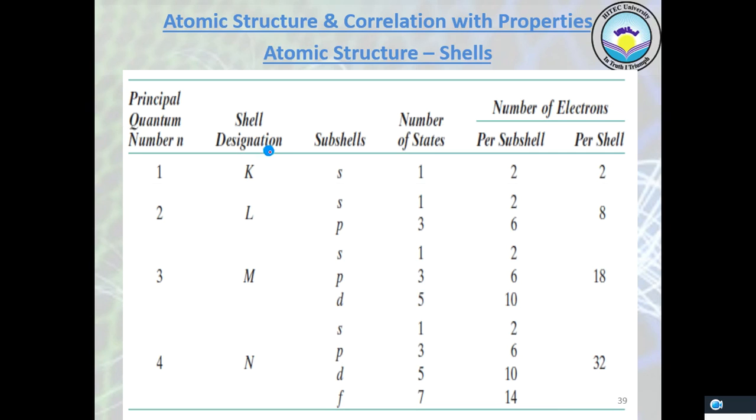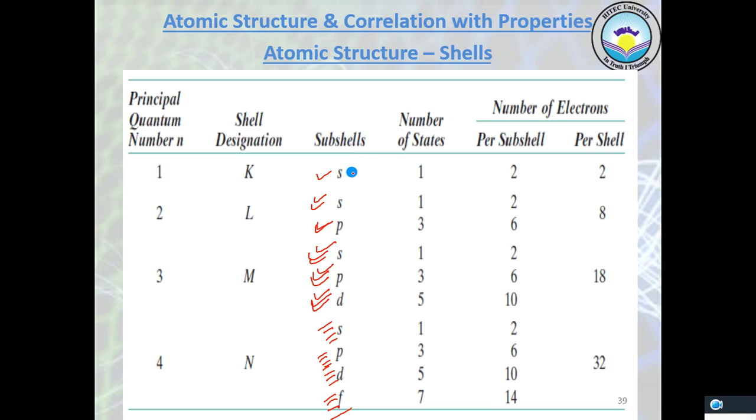You can see here the principal quantum numbers 1, 2, 3, 4, and the shell designations K, L, M, N. The subshell for the first principal quantum number will be s, for the second it will be s and p, for the third it will be s, p and d, and for the fourth it will be s, p, d and f.